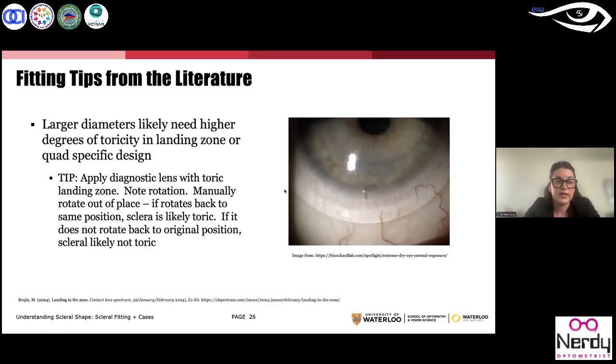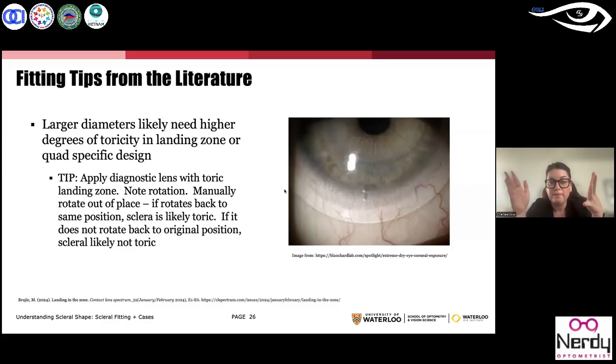Larger diameters are likely going to need higher degrees of toricity in the landing zone, and often a quad specific design. So for these larger diameters, I would recommend applying a diagnostic lens with a toric landing zone. See where it settles. You do have to let it settle into place. See where those toric markings are.